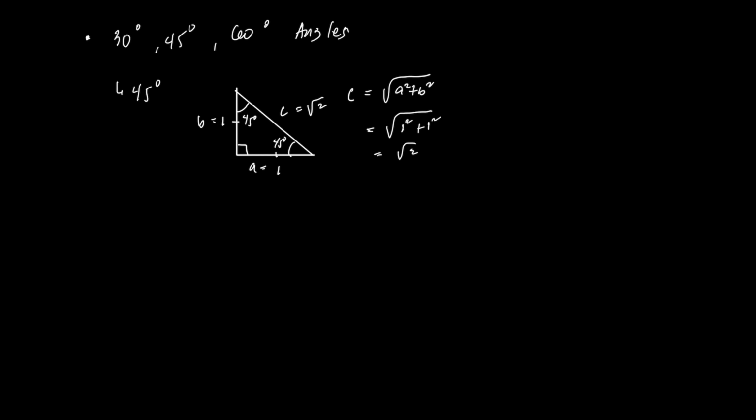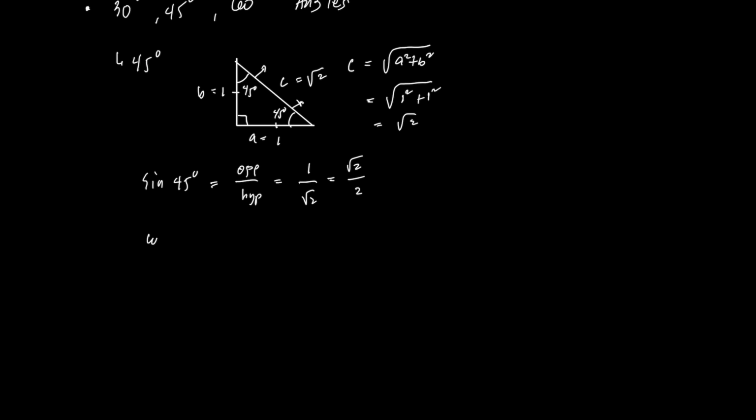Now from here, we can already have the exact values of the 6 trig functions, which is sine 45 degrees. Take note that sine is opposite side over the hypotenuse, and the opposite side of the 45 degrees, whether you consider this one or this one, the opposite is 1 and the hypotenuse is square root of 2, or after rationalizing, that is square root of 2 over 2.